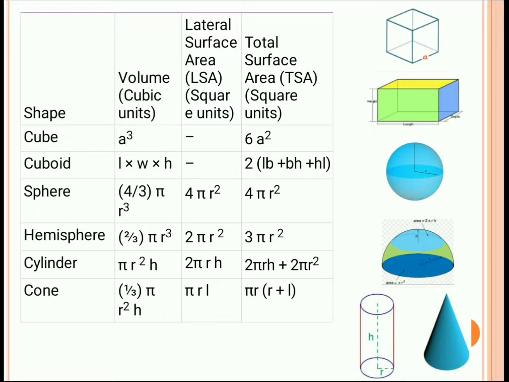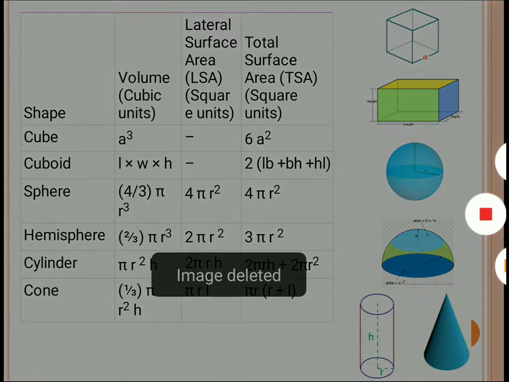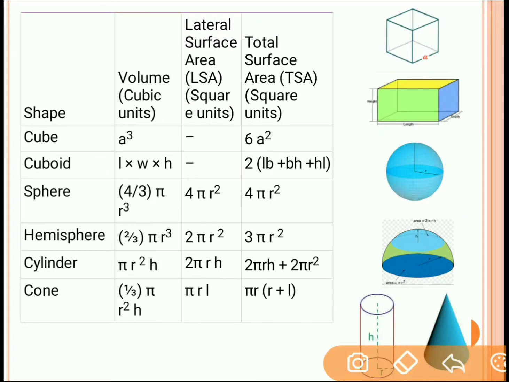Now, for a cylinder, total surface area is 2 pi r h plus 2 pi r square. And this 2 pi r square is the area of the top and the bottom circle of the cylinder.